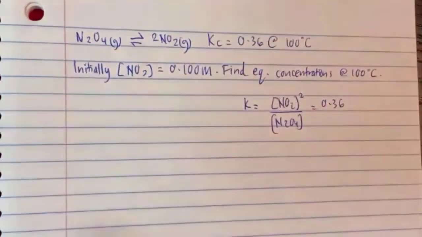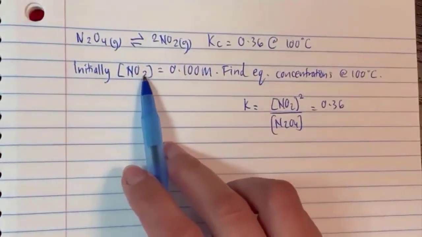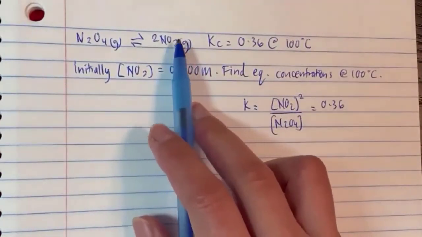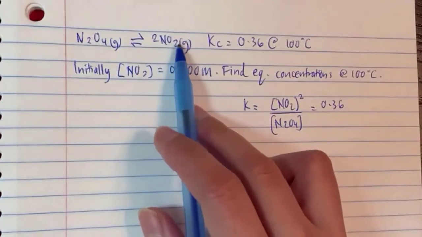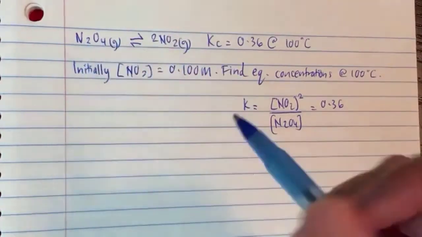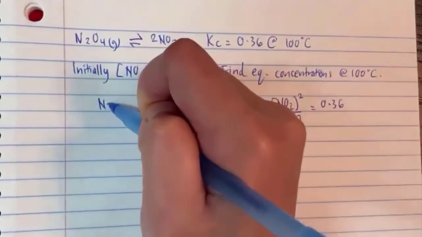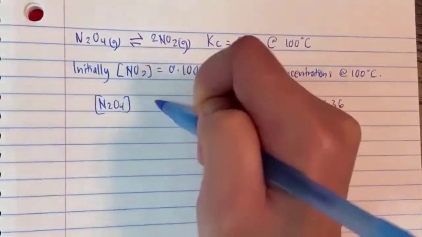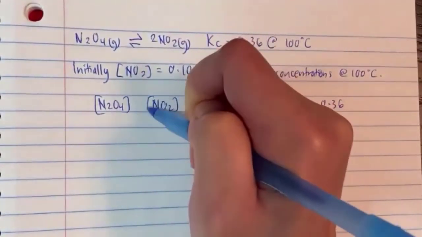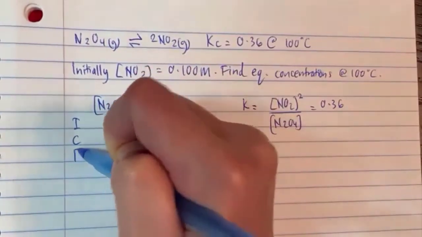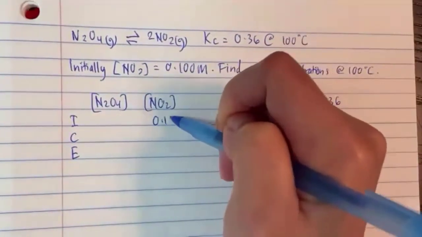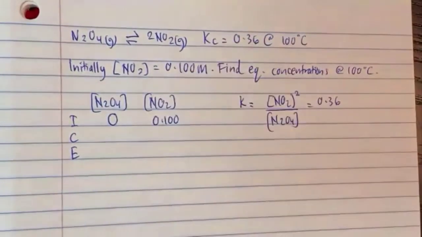So on your ICE table, it says initially NO2 is 0.1, so that means this one's NO2, that's 0.1, you have some product, you have absolutely no reactants. So N2O4 and NO2 is in your ICE table. You have 0.1 of this guy, and you have absolutely nothing of that.